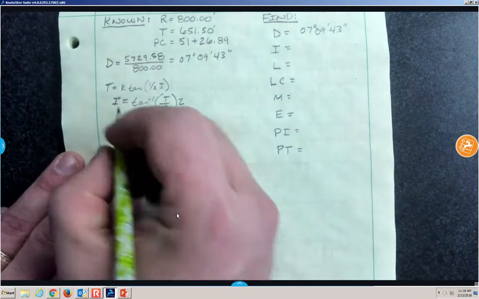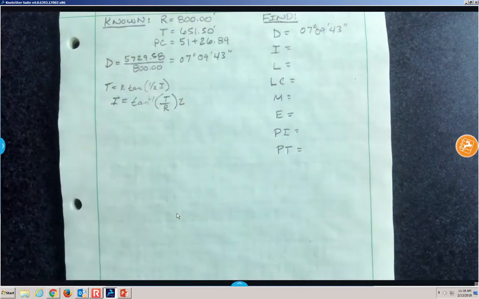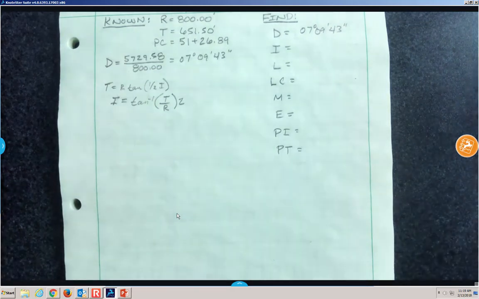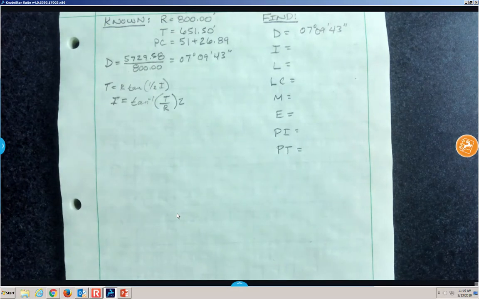Yes, that would be the substitution for taking I out and putting T in. So this might be very similar to one of the problems that you have in your packet. Would it be T over R tan 1/2 equals I? It's up there on the board. You're getting close.